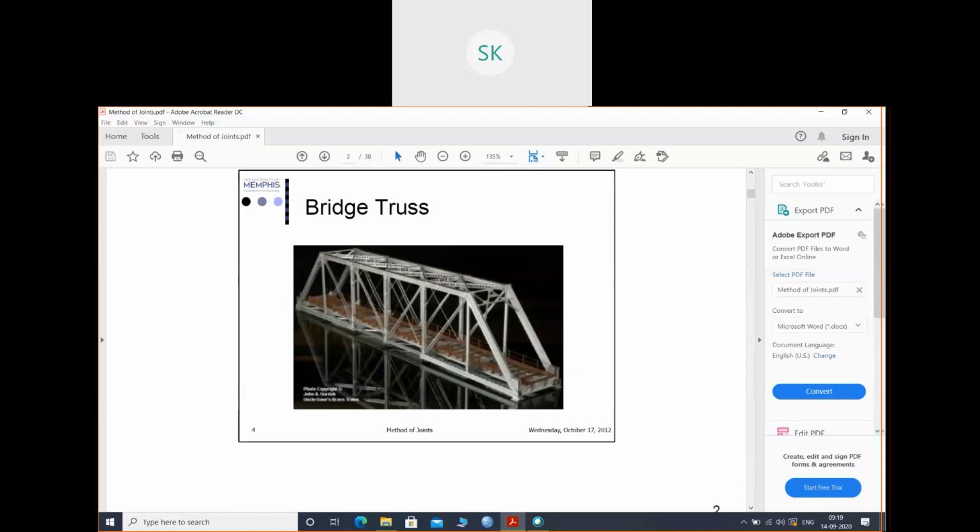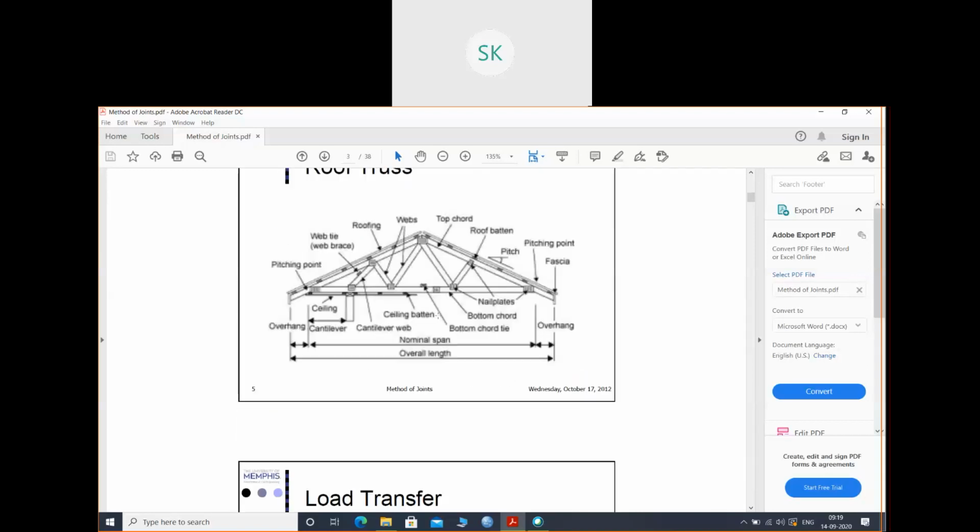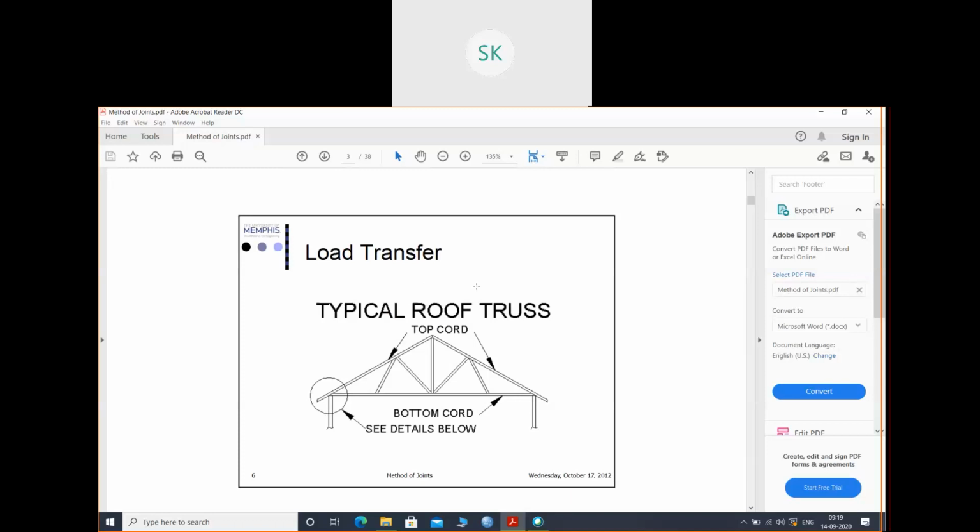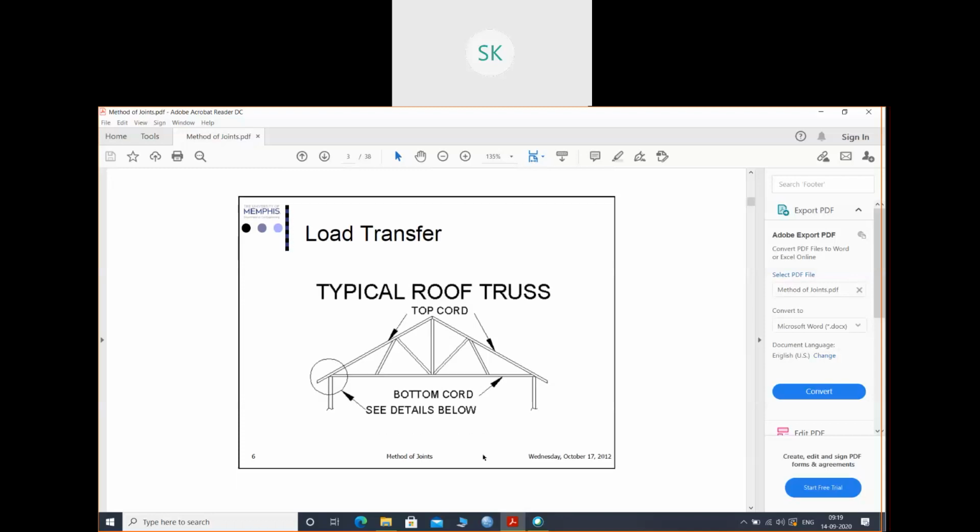In these trusses also, loads will always be applied at the joints only. The load transfer mechanism is that loads are applied on the roof, and from this roof they transfer to the columns, like slab to column, and in this way go to the downward sections.